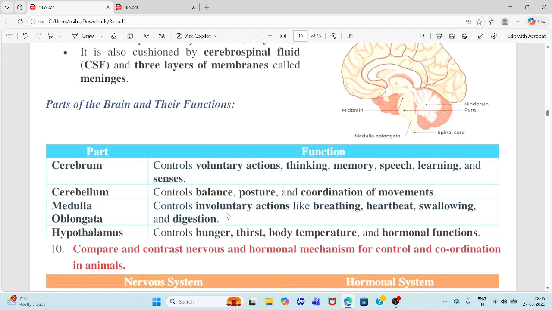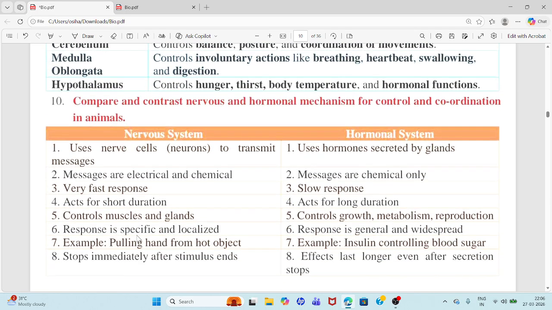Medulla oblongata controls involuntary actions like breathing, heartbeat, swallowing, and digestion. Hypothalamus controls hunger, thirst, body temperature, and hormonal functions. These are the parts of the brain.